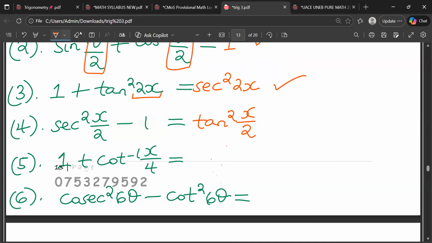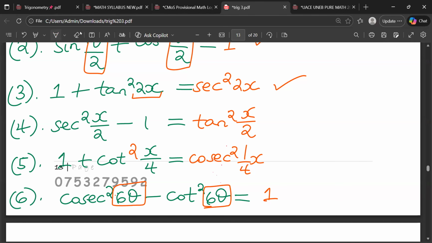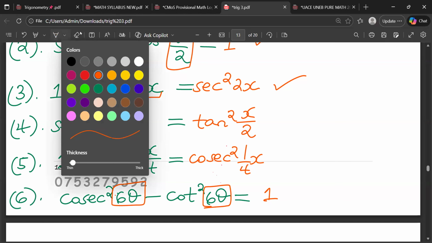Then this one will be cosec squared of quarter x. Then this one will be a 1, provided this angle is the same. Problems arise if the angle is not the same, but if the angle is the same, then you're good to go.